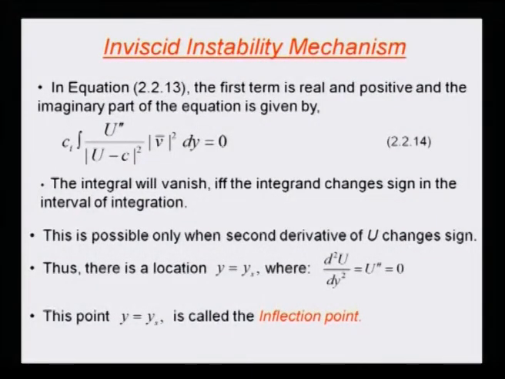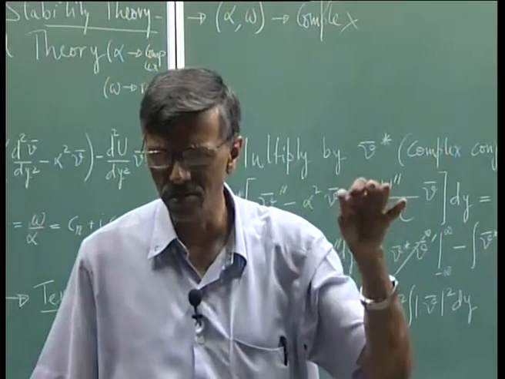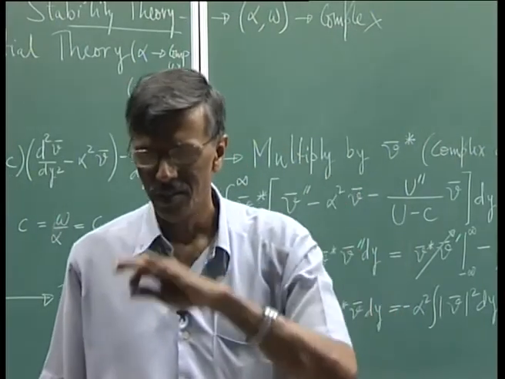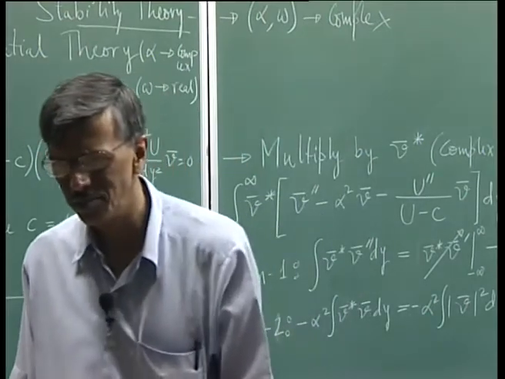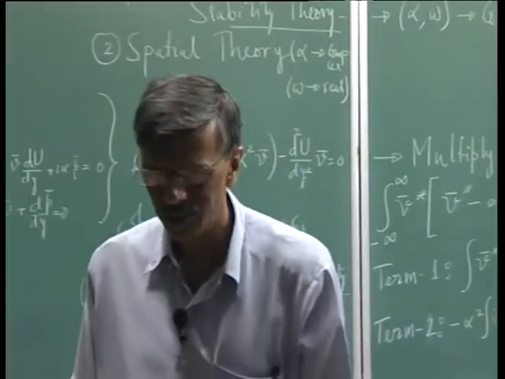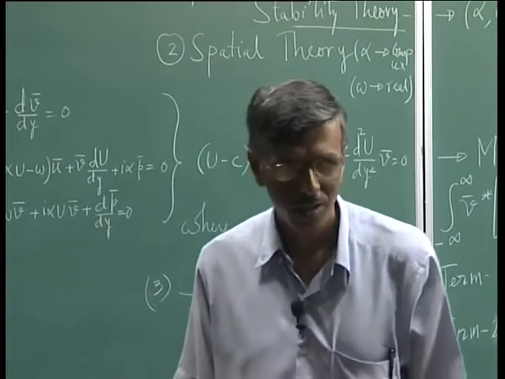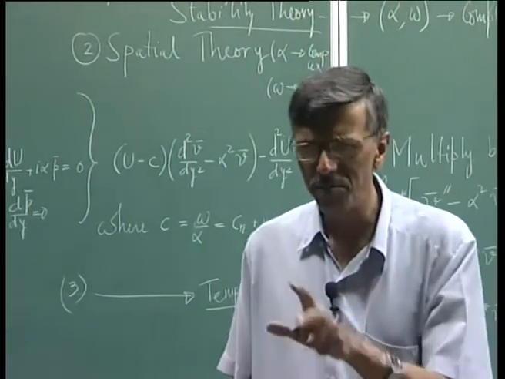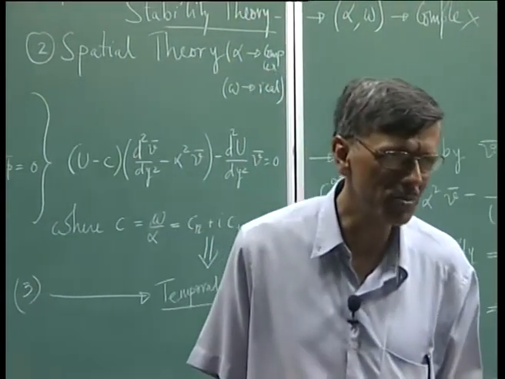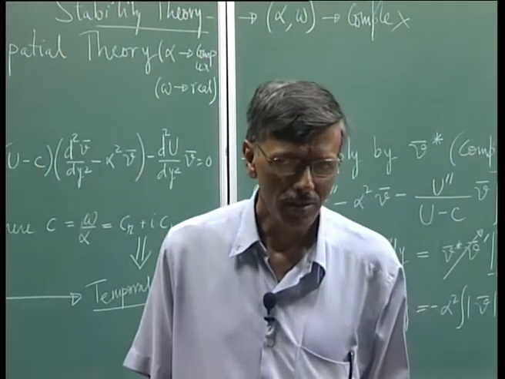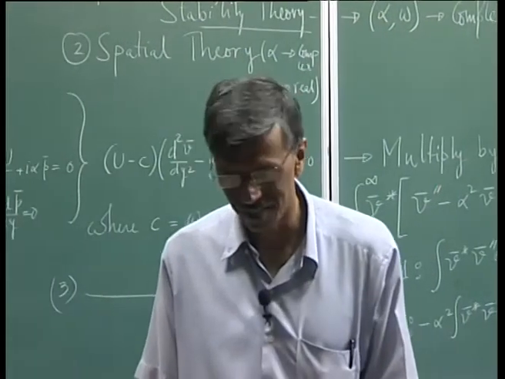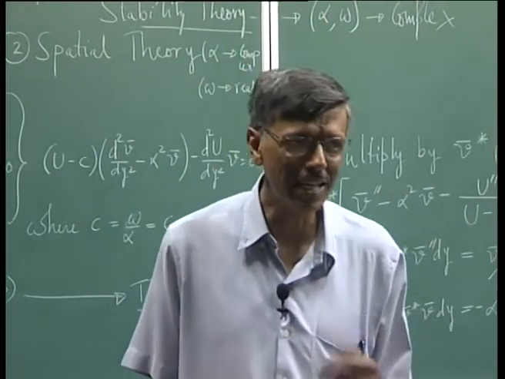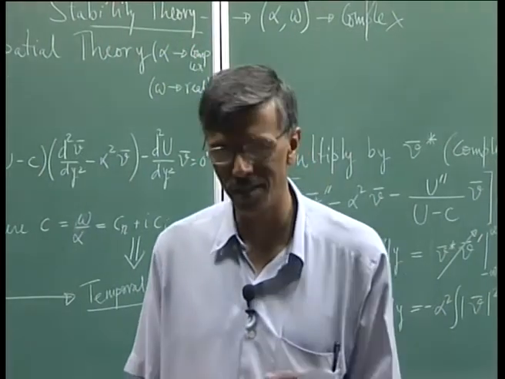You are familiar with the concept of inflection. If I am defining a curved surface, y as a function of x, then the first derivative provides us with the slope. A second derivative divided by something gives us an estimate of the curvature, right. So when the second derivative becomes 0, the curvature is 0.